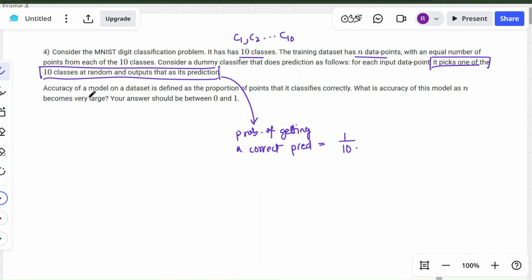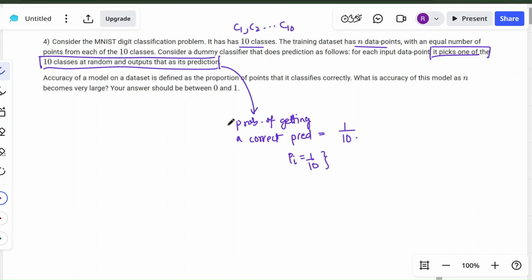And then it says that the accuracy of a model is defined as the proportion of points that it classifies correctly. What is the accuracy of this model as n becomes very, very large? Alright, so we can also say that Pi is the probability that the ith data point is classified correctly. From this you can easily see that the accuracy will be close to 0.1.